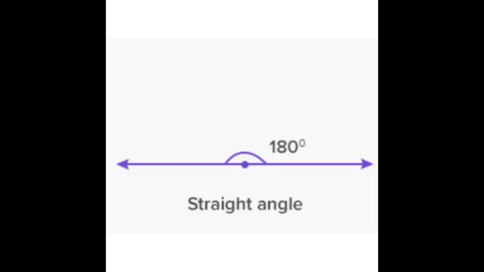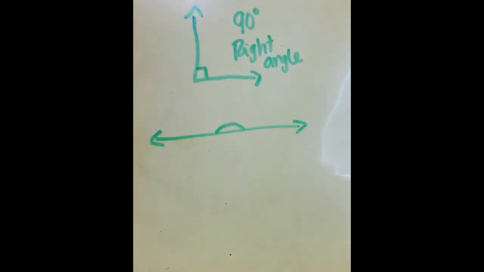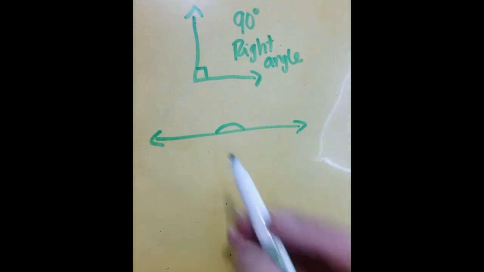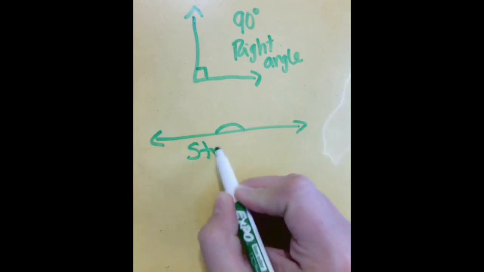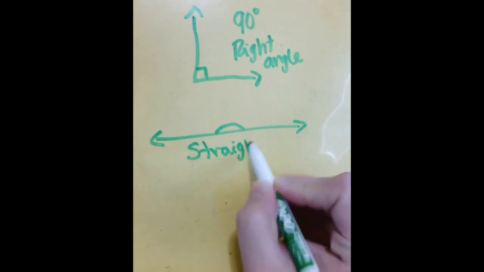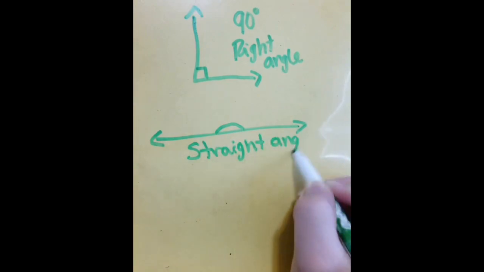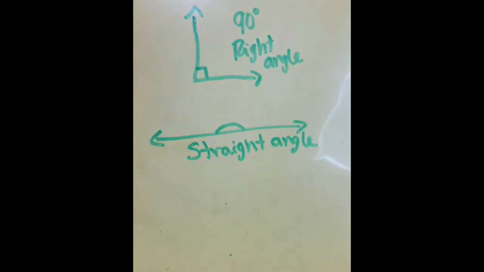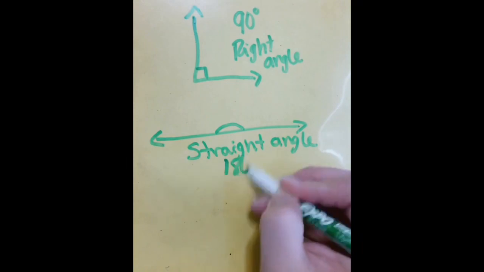Okay? The other angle I want to talk about today is this angle. So it's kind of like two right angles put together. Who knows what this angle is? Hope you said straight. It's a straight angle. And a straight angle is 180 degrees.